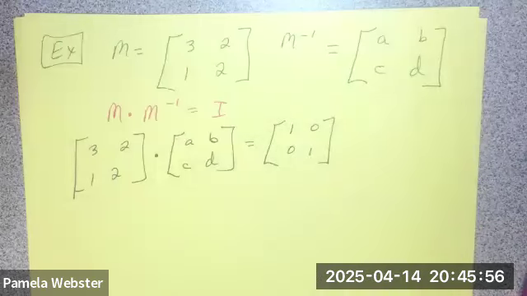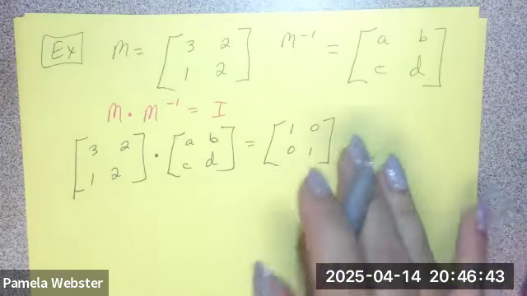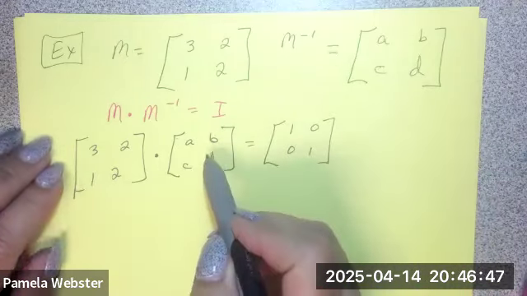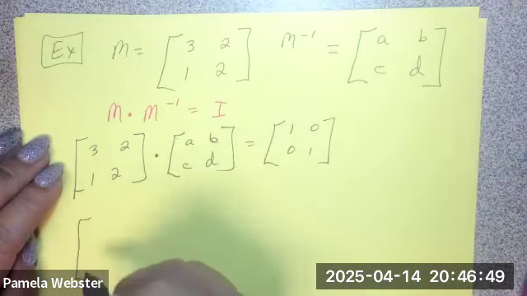If these were 3 by 3 matrices, then you would use the 3 by 3 identity matrix. For right now, we're going to leave the right-hand side alone and multiply these two matrices together. We know how.